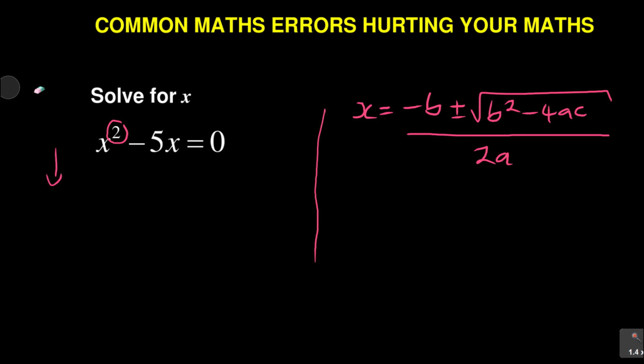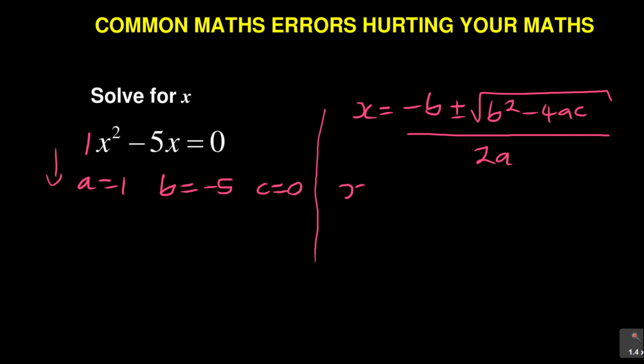This is the most common way to do that, but because you're in an exam and you're under pressure, just go through the quadratic equation. What am I saying? In this quadratic equation here, there is a 1, so your a is 1, your b is -5, and because you don't have a c, you put a 0 for that.